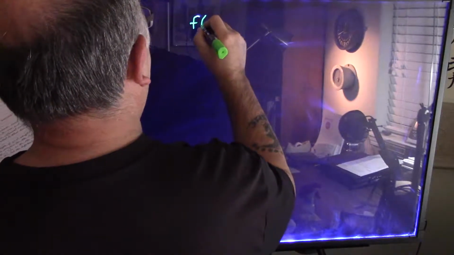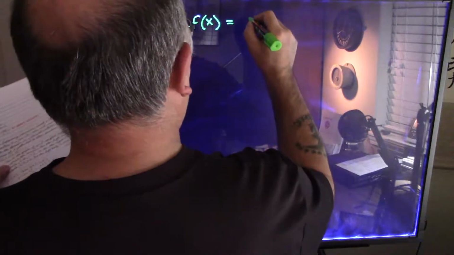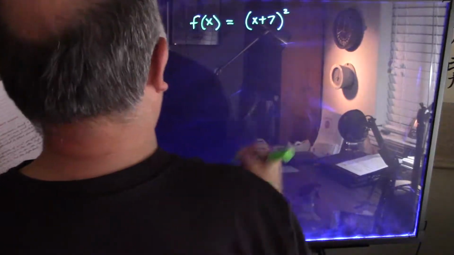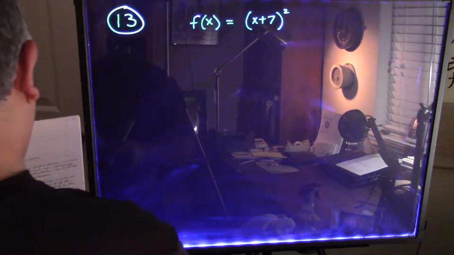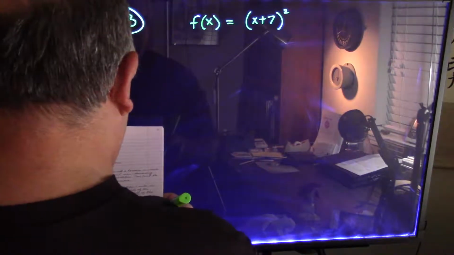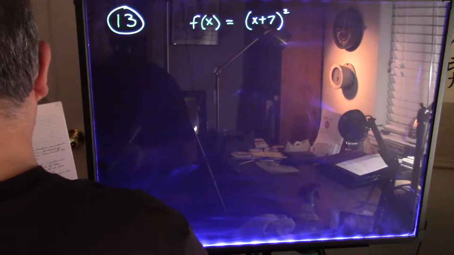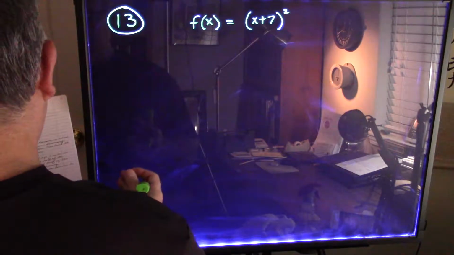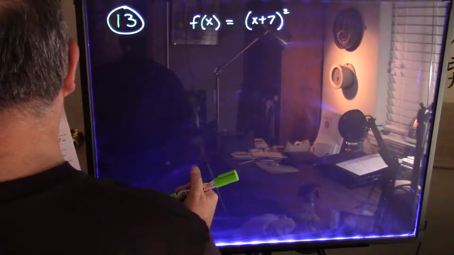So we've got f of x equals the quantity x plus 7 squared. Now this is the parabola, y equals x squared, but shifted to the left 7 units. Okay, so we have basically two halves. We can restrict the domain for the left half of the parabola.